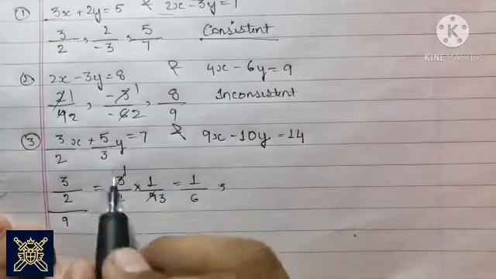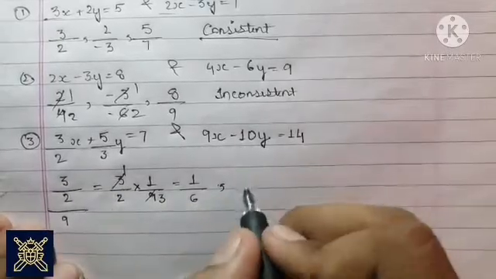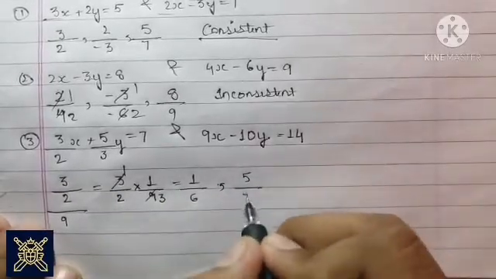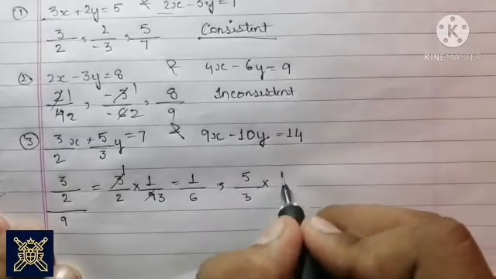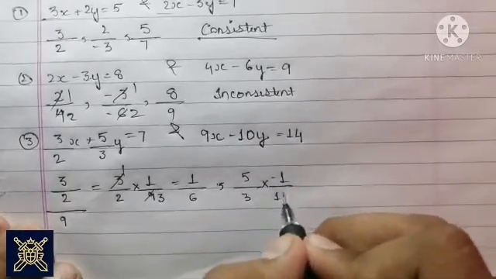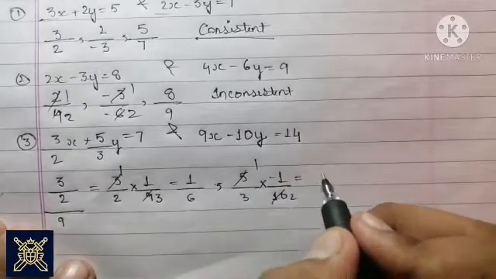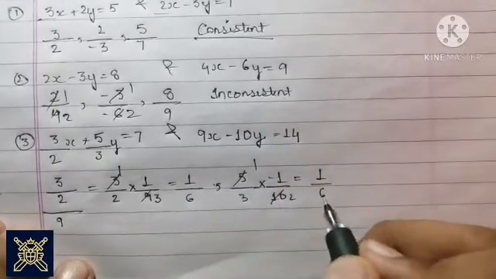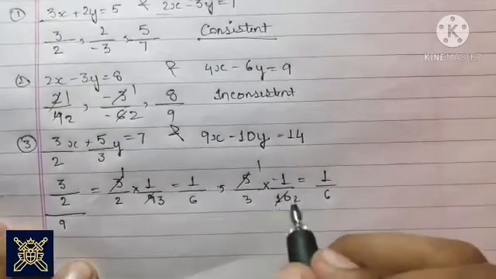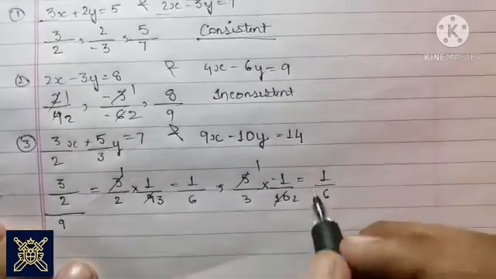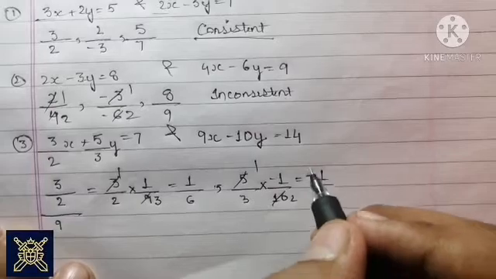For the second part, you have 5 by 3 upon minus 10. So 5 by 3 into minus 1 by 10. Cancel, and you are left with 1 by 6, but here it is negative, minus 1 by 6.